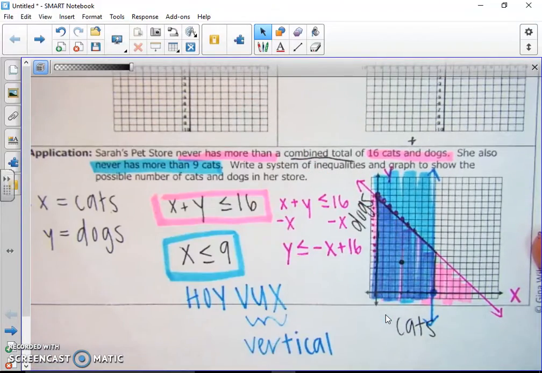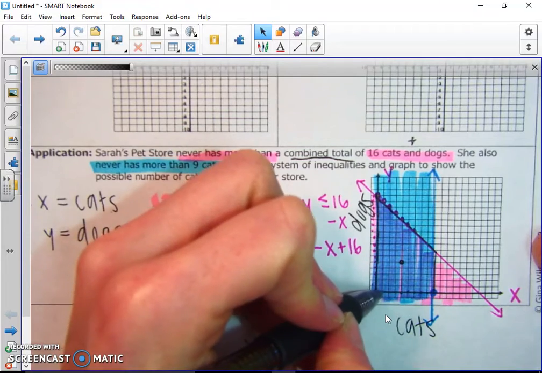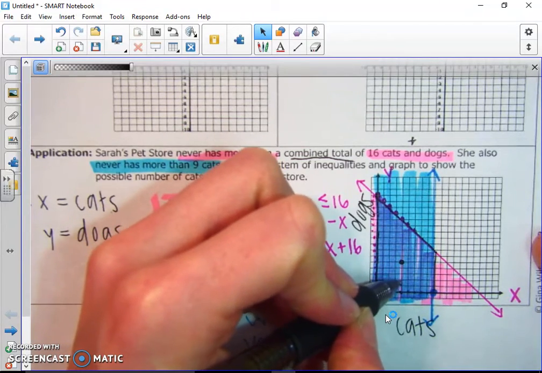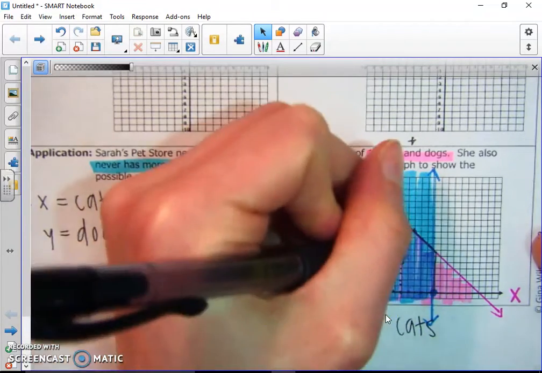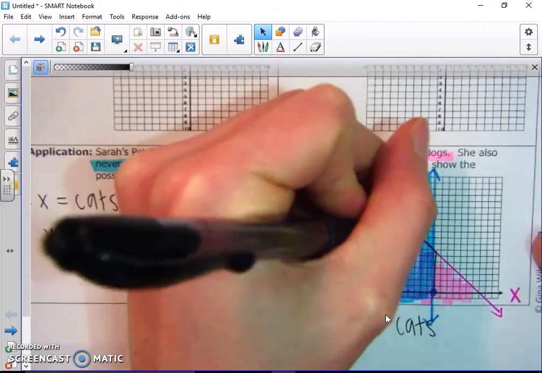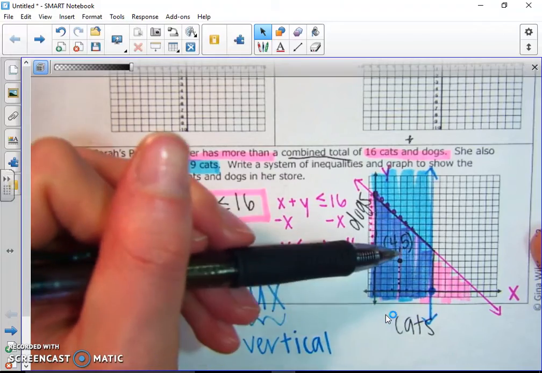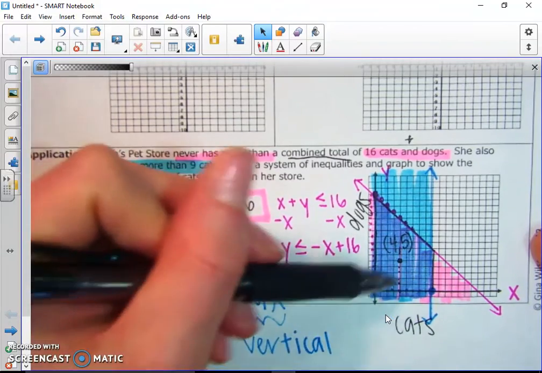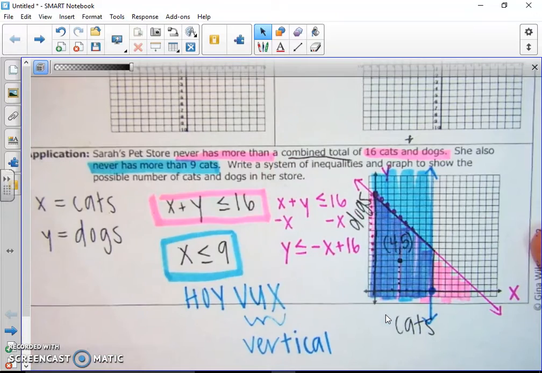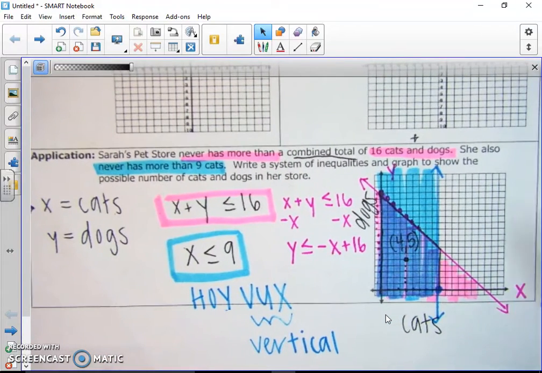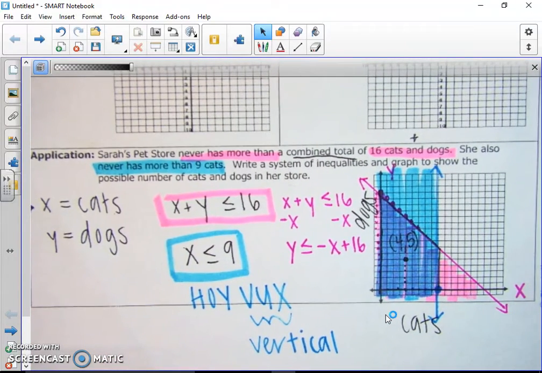So what is this point? It's 4, 5. So that means that it's possible that the shop has 4 cats and 5 dogs. So any point within this overlapping shaded region represents the number of cats and dogs that Sarah's Pet Store could have at any one time.